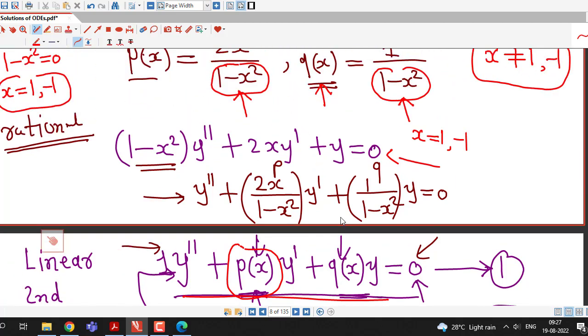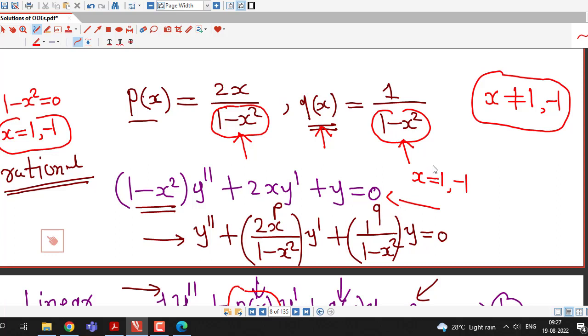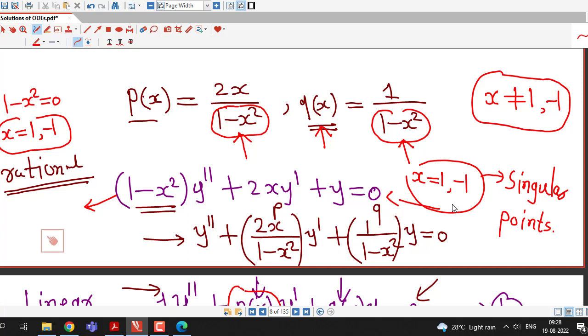Now the point which is not ordinary point, here 1 and minus 1 are not ordinary points, so they are known as singular points of given differential equation. So here we can see that this differential equation has two singular points 1 and minus 1, and it has infinite number of ordinary points except 1 and minus 1.